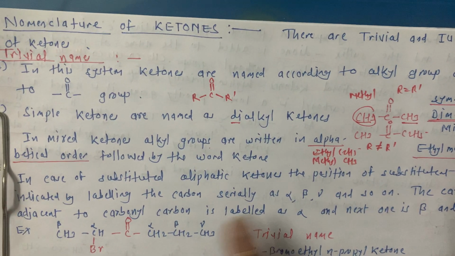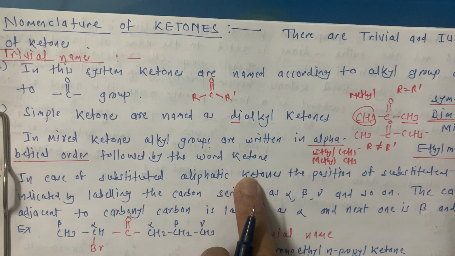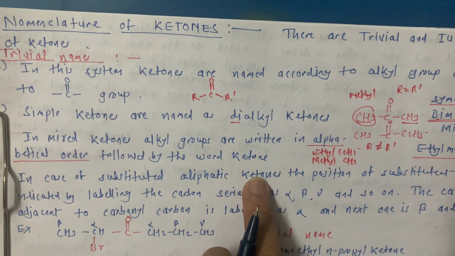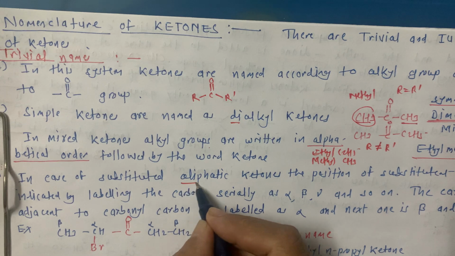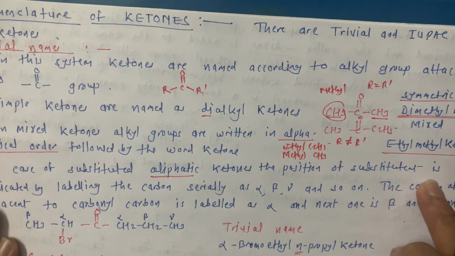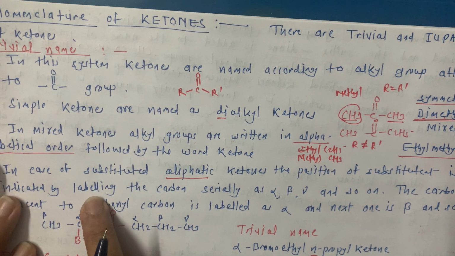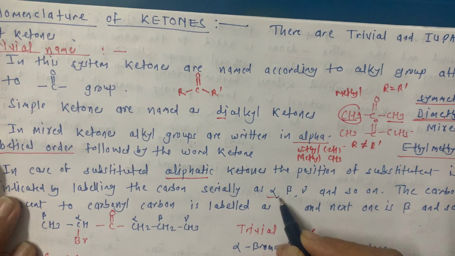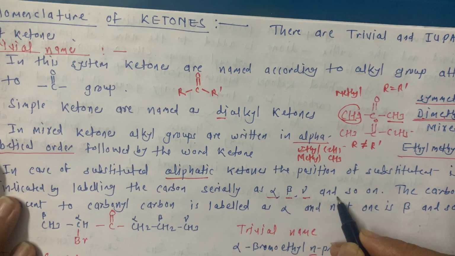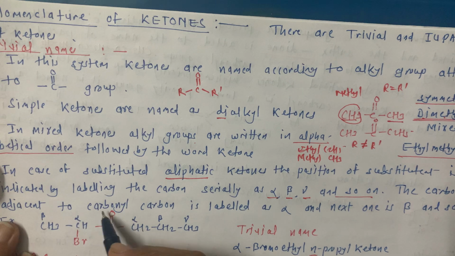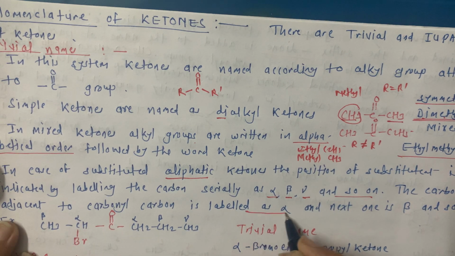Then in case of substituted aliphatic ketones, see the word is aliphatic ketones. This is very important. The position of substituent is indicated by labeling the carbon serially as alpha, beta, gamma and so on. Okay, the carbon atom adjacent to carbonyl carbon is called alpha.